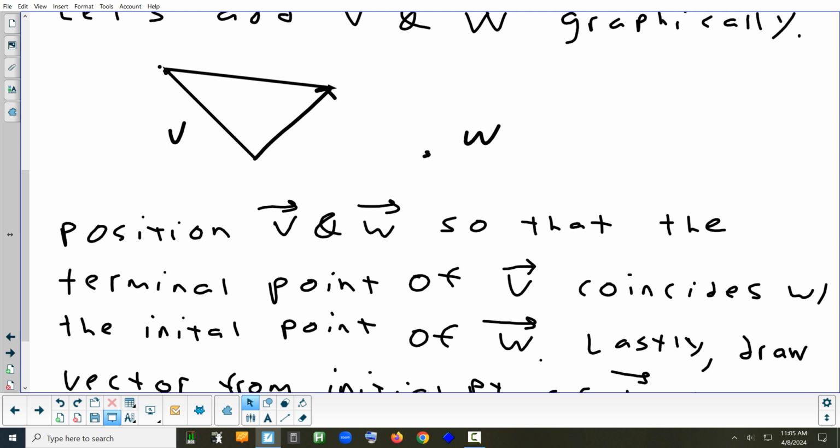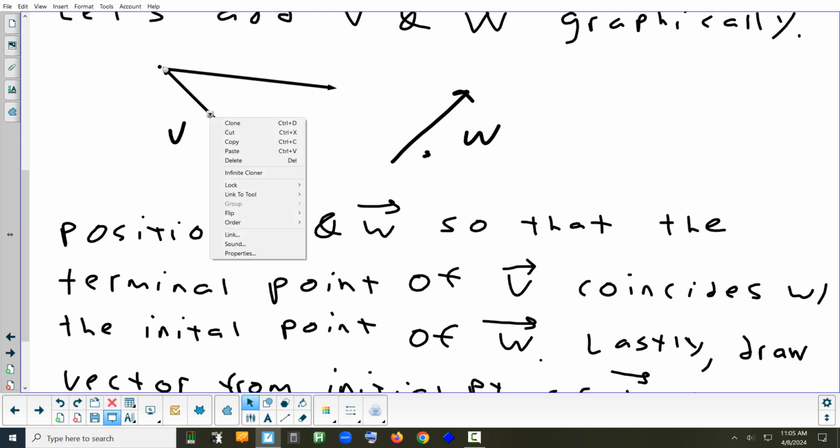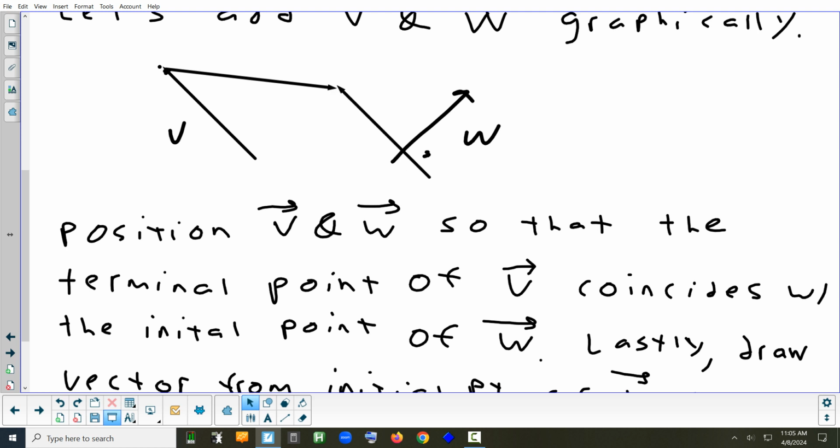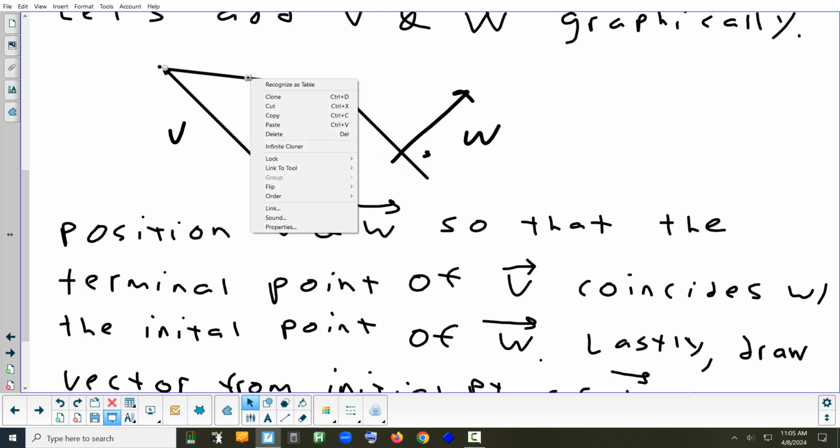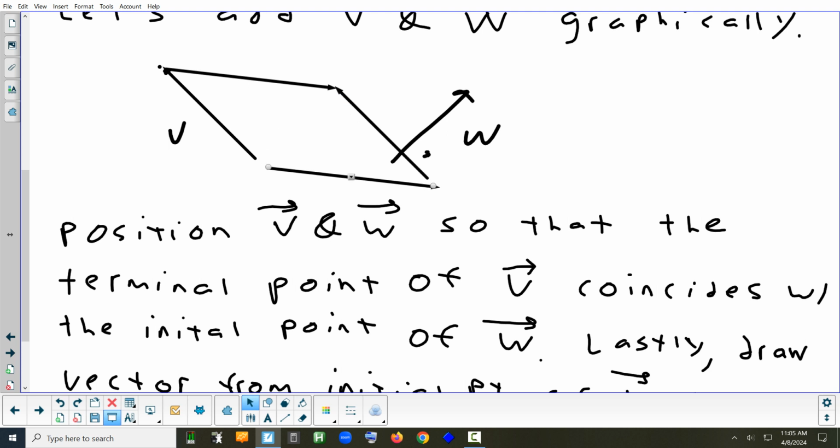I don't usually draw the whole parallelogram, but if you did, you could imagine another one over here, and then another one down here, and then you're drawing in the diagonal of a parallelogram. That's really what you're doing.